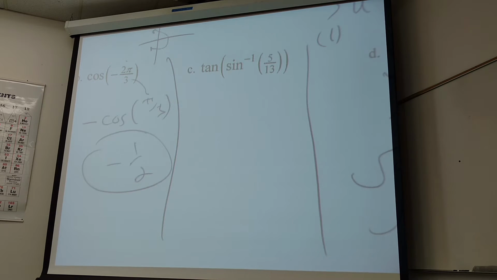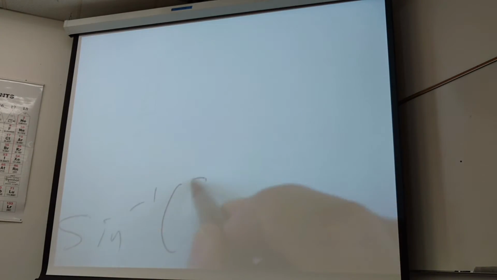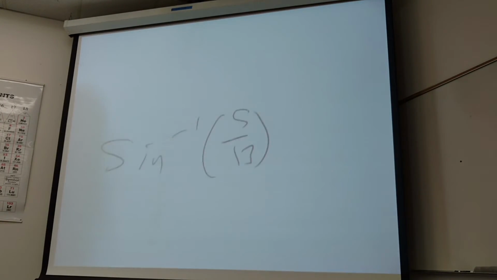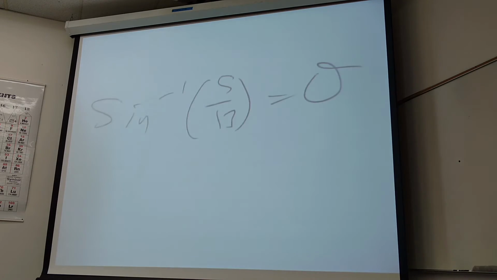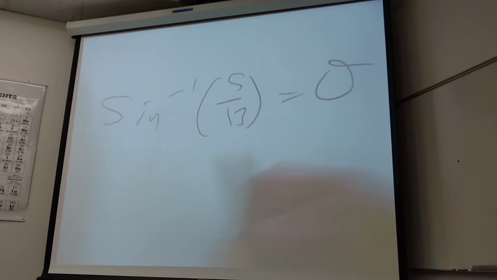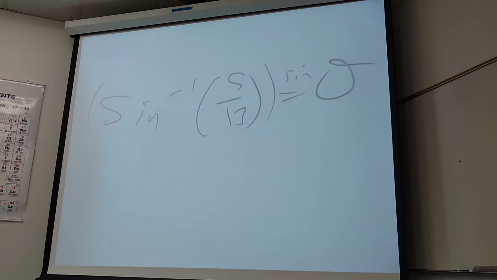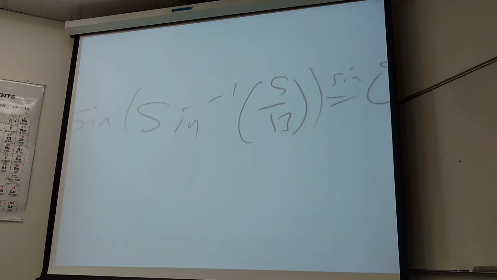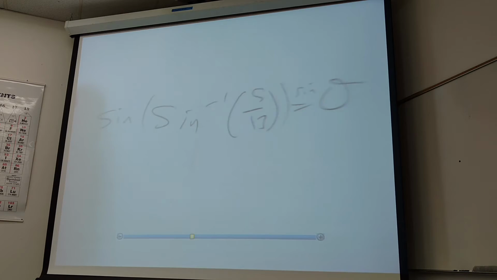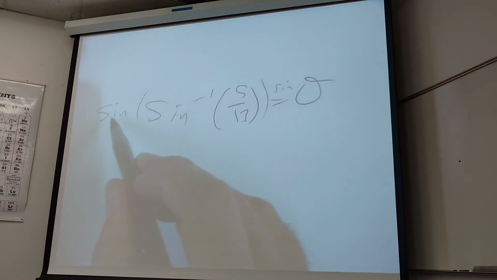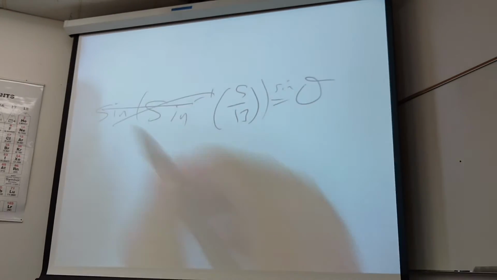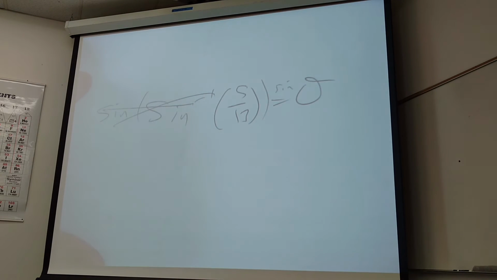If you don't quite believe me, say inverse sine of 5 over 13 equals an angle theta. Now take the sine of both sides. What happens then? These two kill each other, because the idea of inverse function doesn't care what the function actually is.